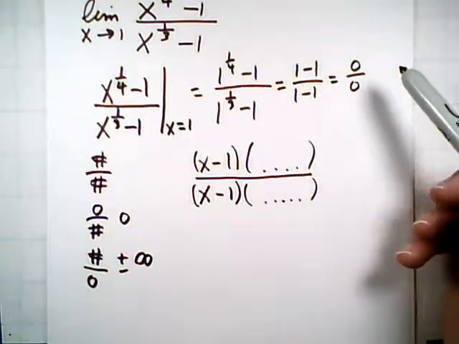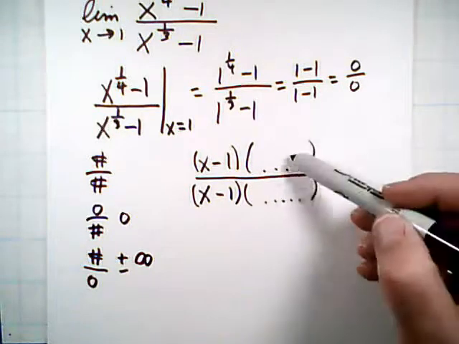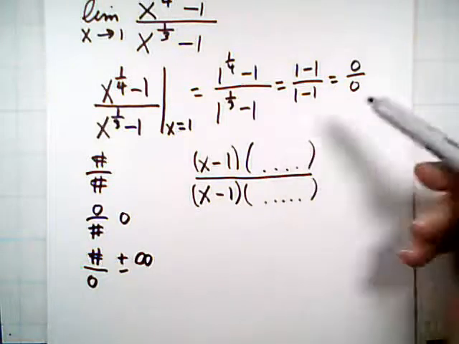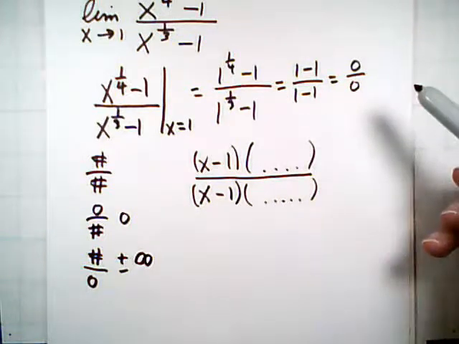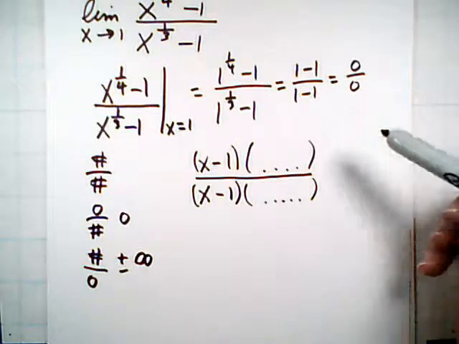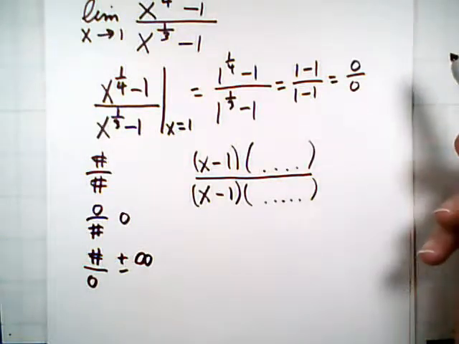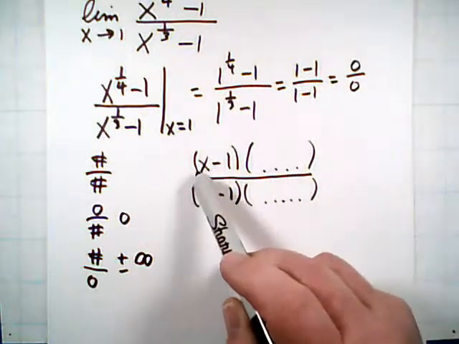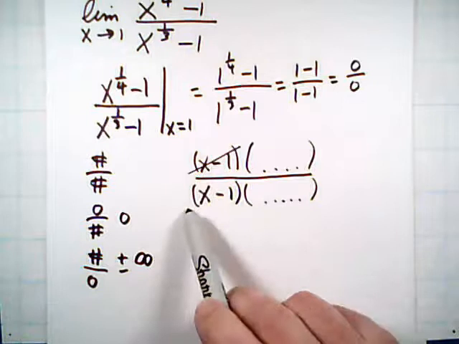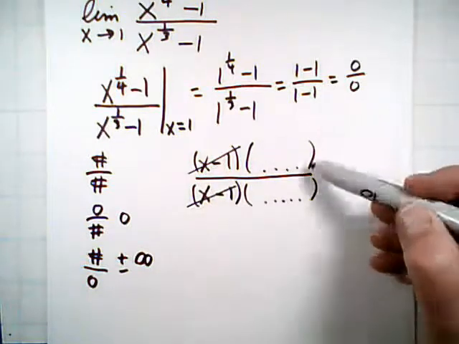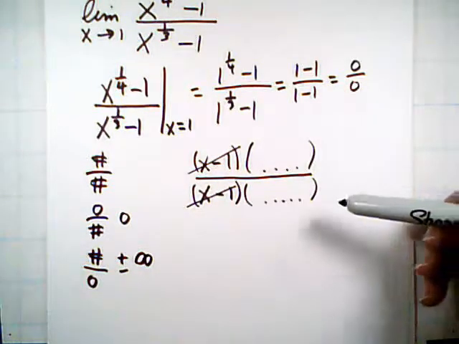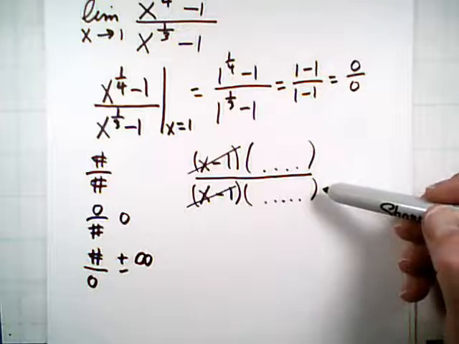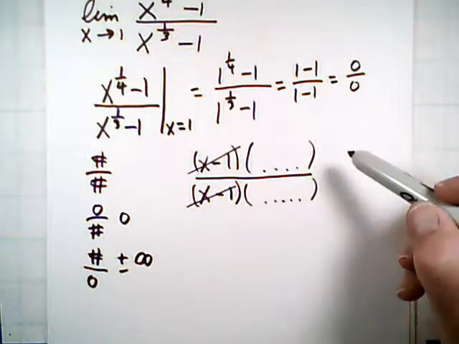And occasionally what will happen is you will have left an x minus 1 inside these remaining expressions here. In that case, you will find out when you evaluate it at x equals 1 that one of them, or maybe even both of them, will be 0. What we're going to try to do here is to get rid of these factors that are causing the 0 over 0 and then evaluate what is left. That evaluation, if it turns out to be not 0 over 0, produces the answer.